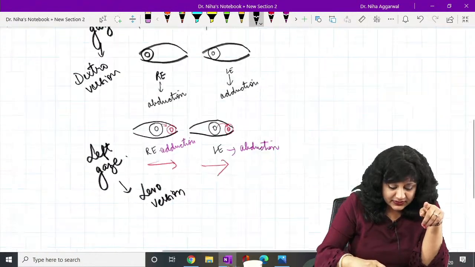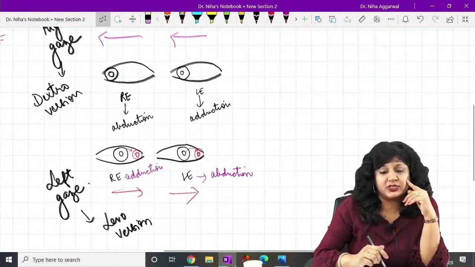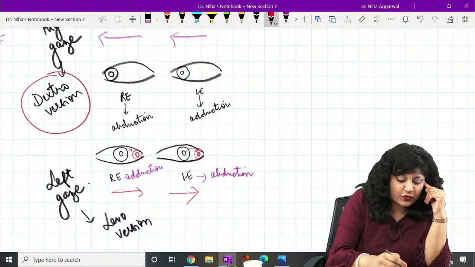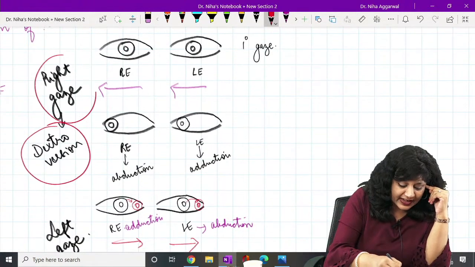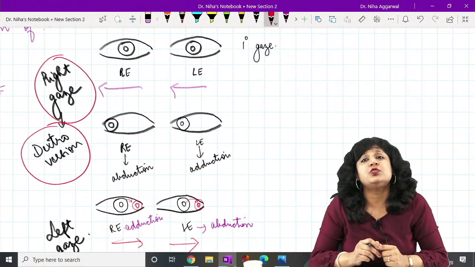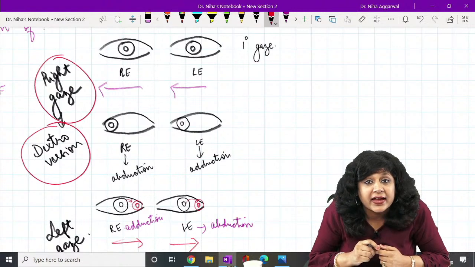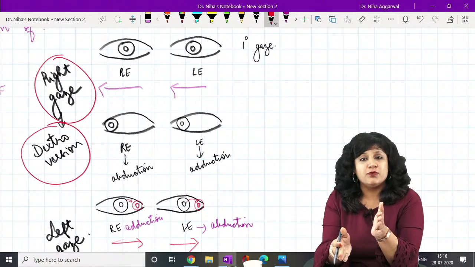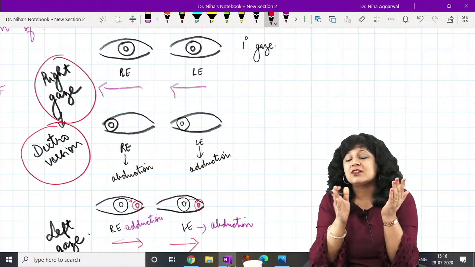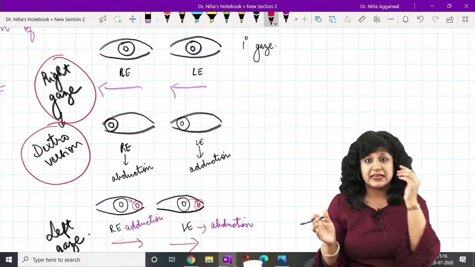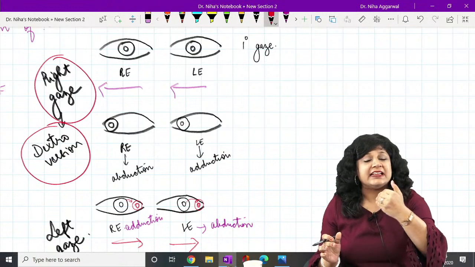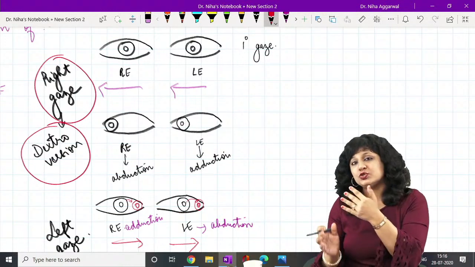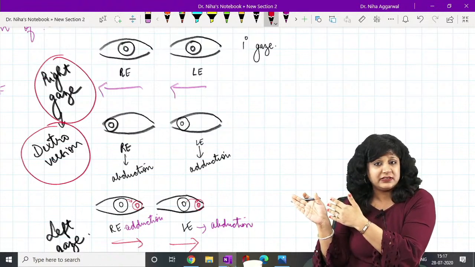When a person is doing dextroversion or looking at right gaze, what are the two pair of muscles he requires? Version means a conjugate movement. A gaze means a conjugate movement. That means both the eyes have to move in the same direction to look in one particular direction.